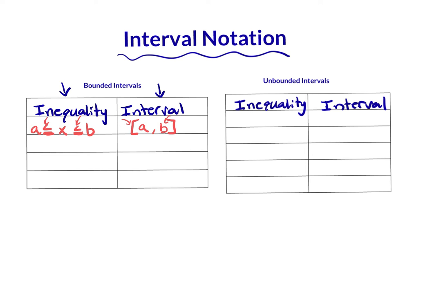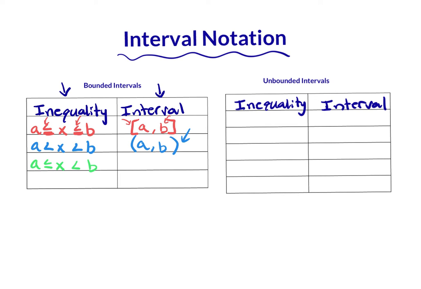If we have a is less than x less than b, now I'm not including a and b. It's the interval from a to b with parentheses. That can be confusing because it looks like an ordered pair, but it's the interval from a to b, not including a or b. What if we have a is less than or equal to x, less than b?